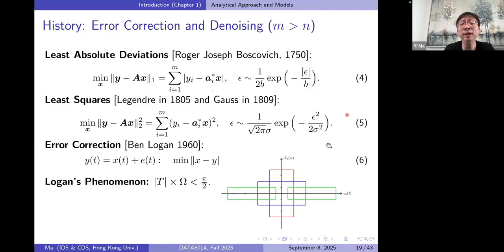Now, there are many different variants of least squares regression. This one assumes, first of all, that the noise is Gaussian, and also that X could be anything. In practice, people normally have some constraints on X. They don't want X to be all non-zeros, they don't want X to be free.